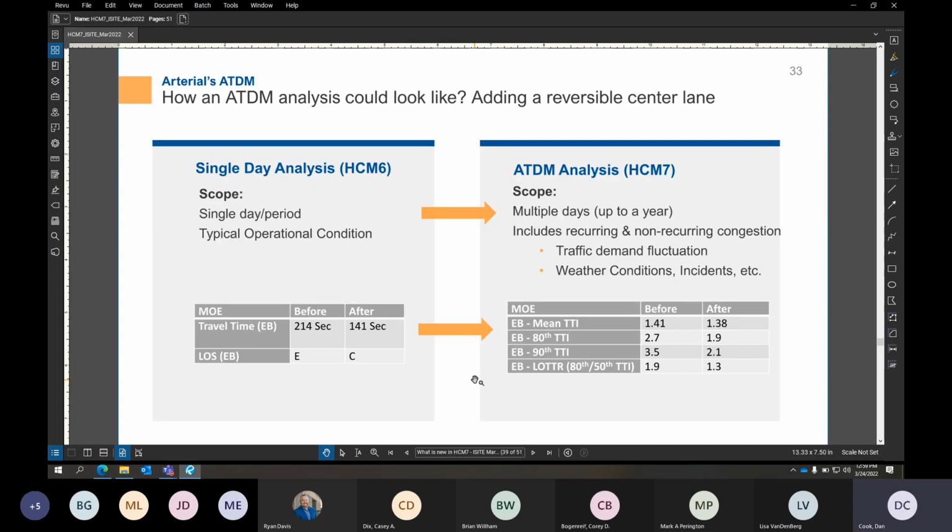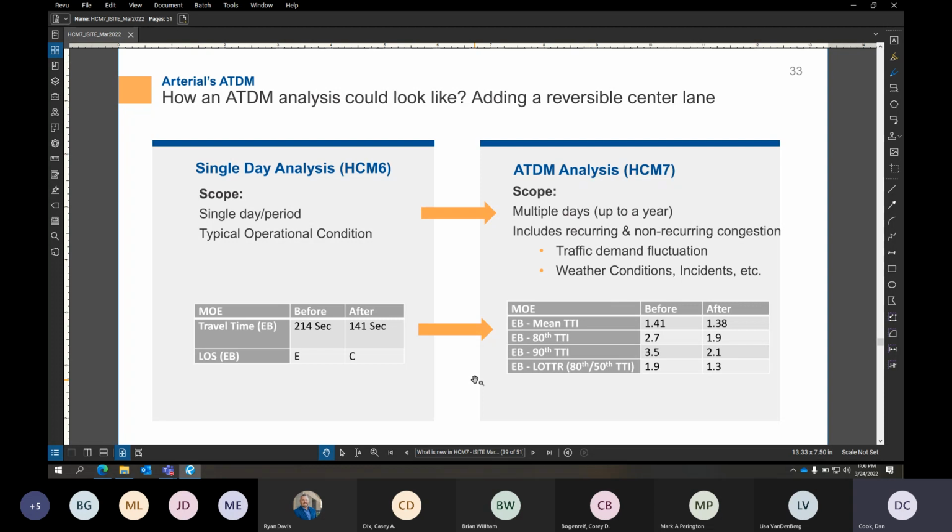Yeah, so in HCM 6, when you're looking at the effects of adding a reversible center lane, you would do that by performing a single period analysis on an urban street, and you get a snapshot of the performance at that time.